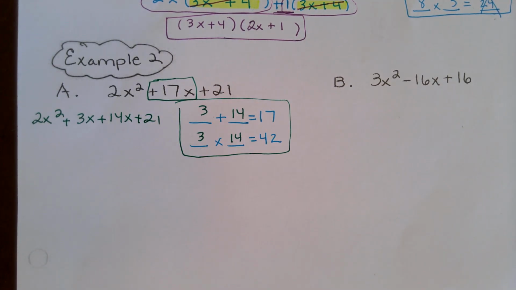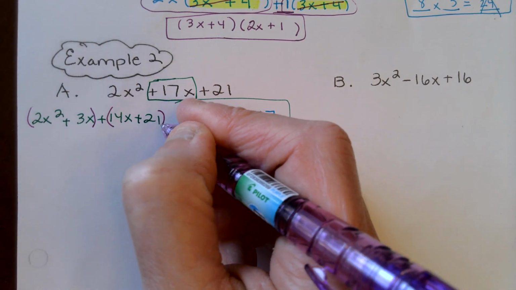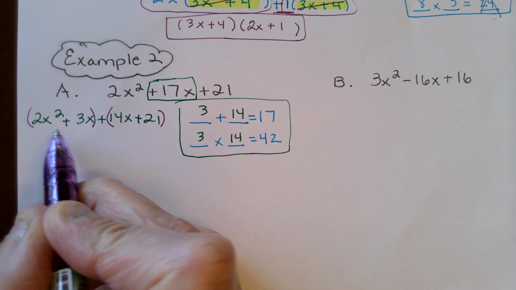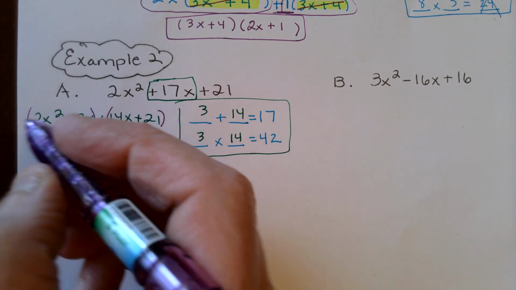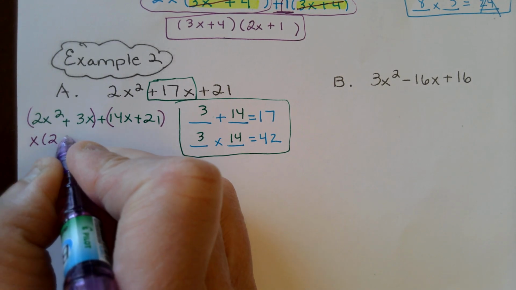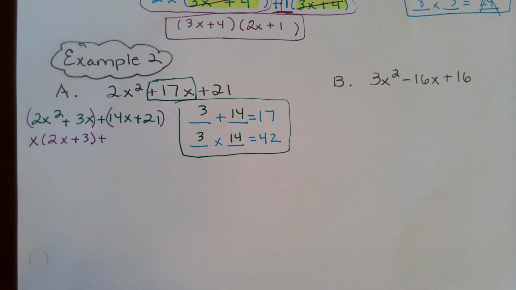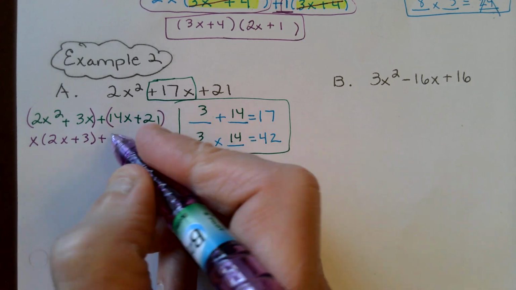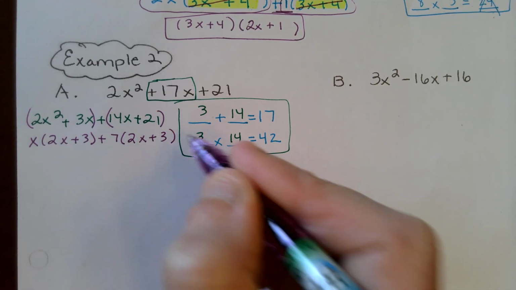Class, what's the next step? You got it. We're going to group. We're going to look in the first one. GCF in the first one is x. 2x plus 3 plus GCF in that 7. 2x plus 3.